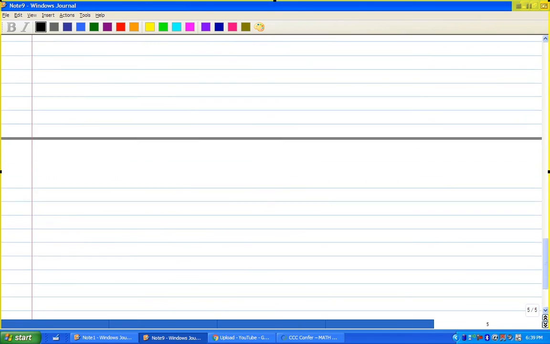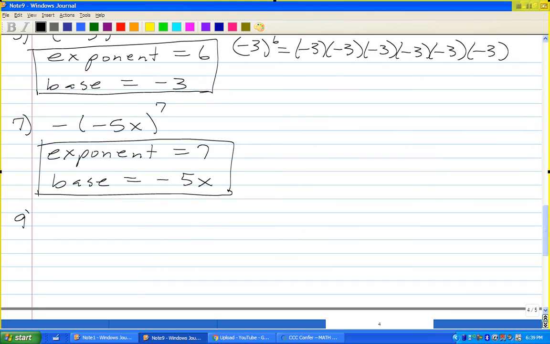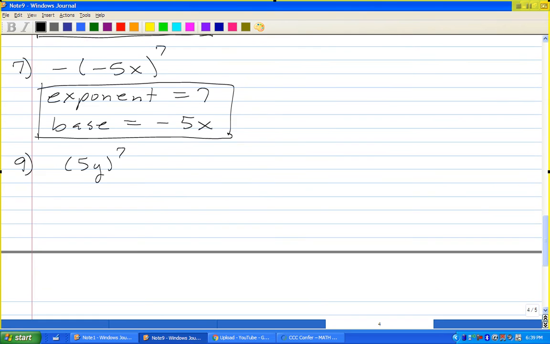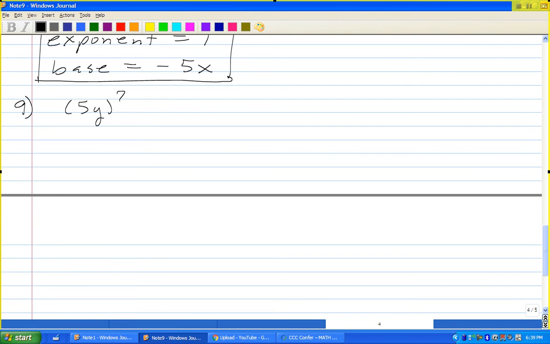Let me do problem number 9. (5y) to the power 7. So in this case, the exponent is 7, and the base is 5y.